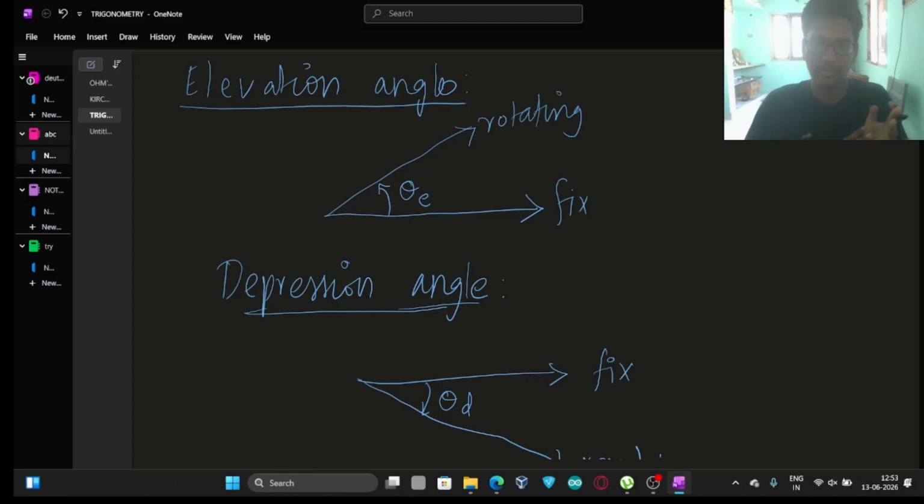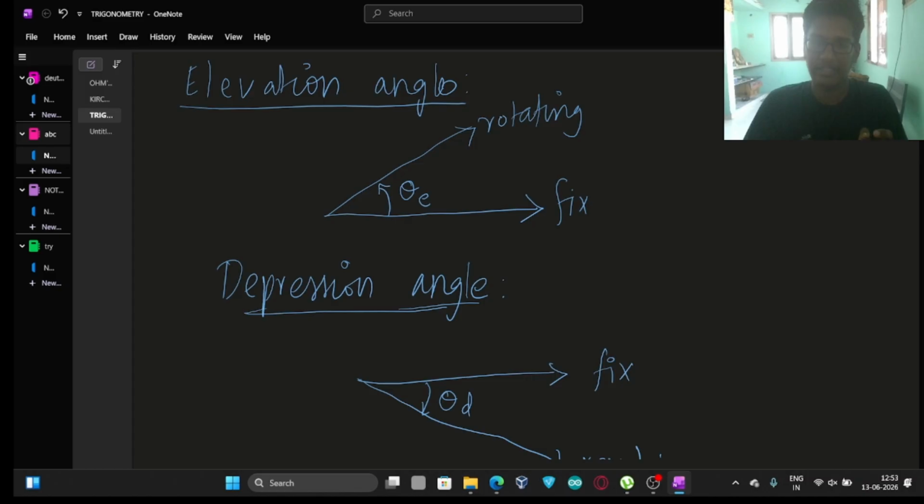This is with respect to the direction of the fixed ray. If the angle is rotating anti-clockwise, it is an elevation angle, and if the angle is rotating clockwise, it is called depression angle or angle of depression.